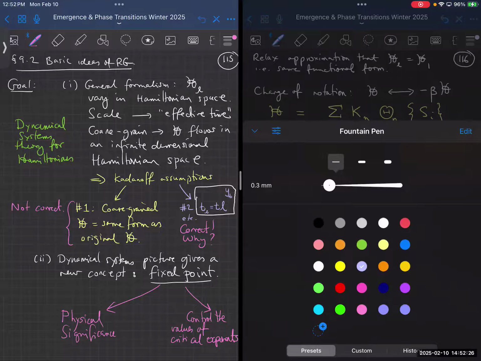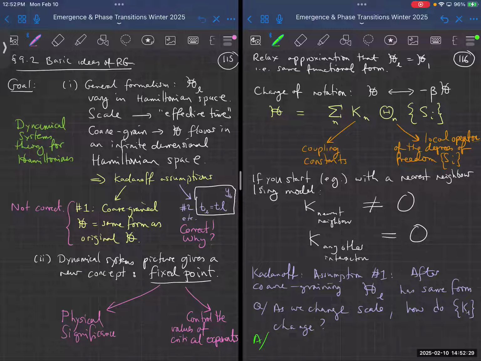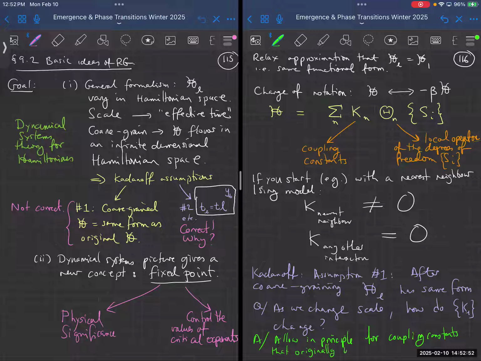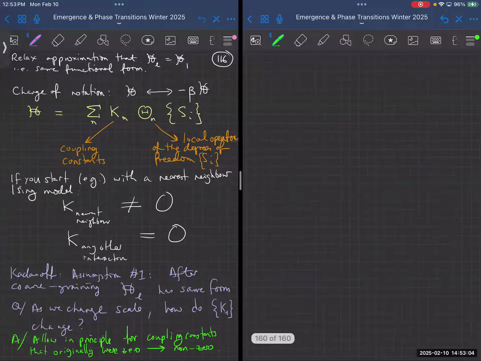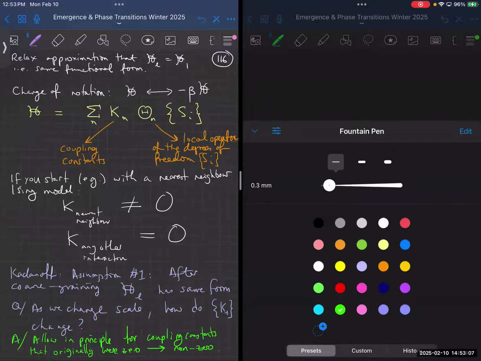So we're going to allow, in principle, coupling constants that were originally 0 to become non-zero when we coarse grain.